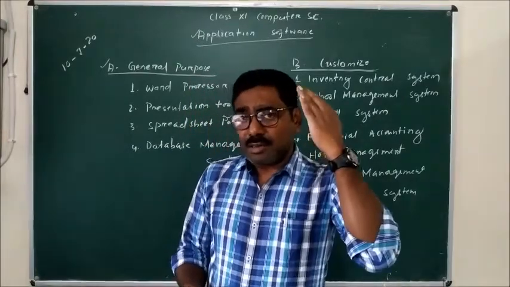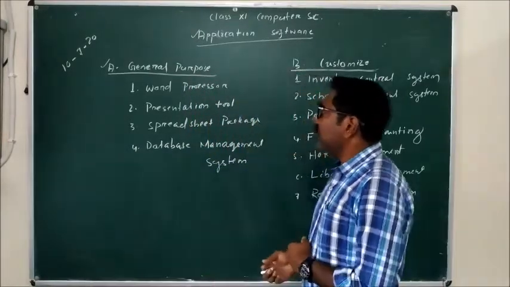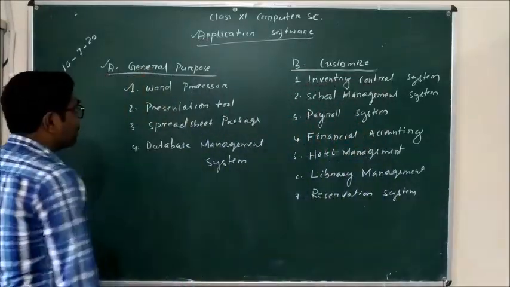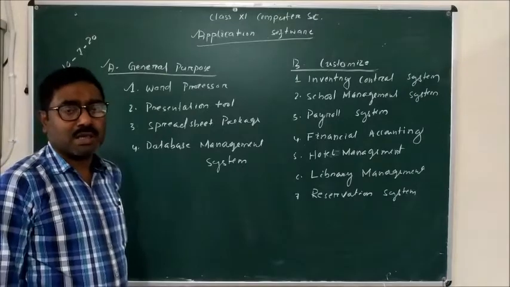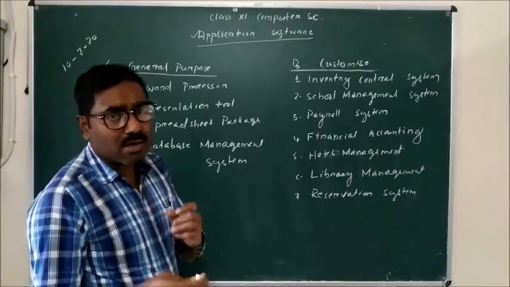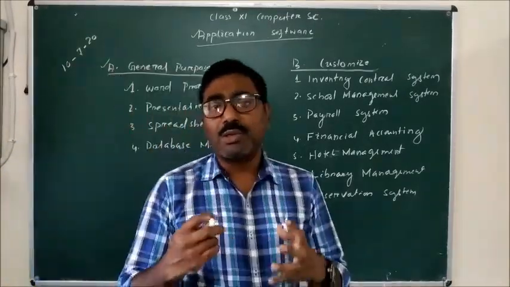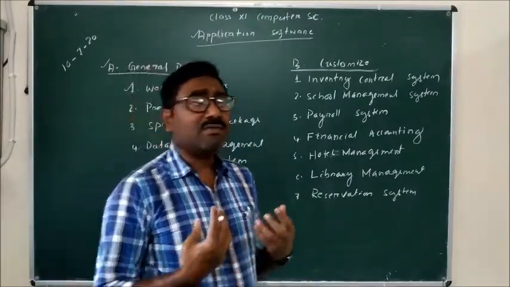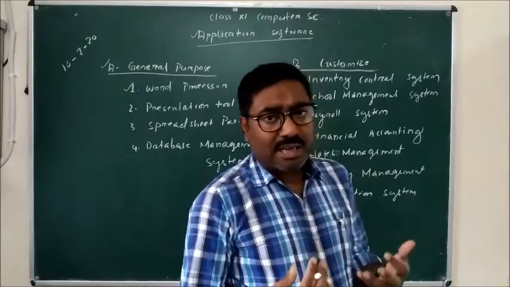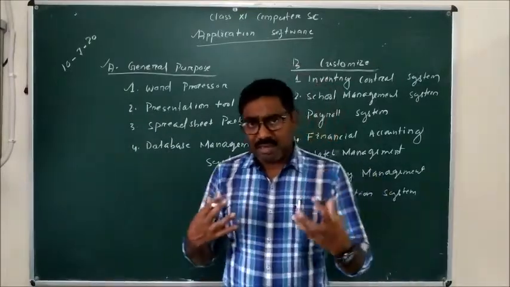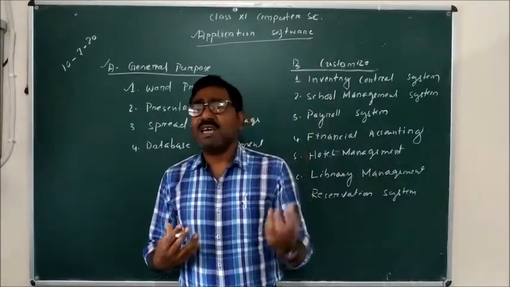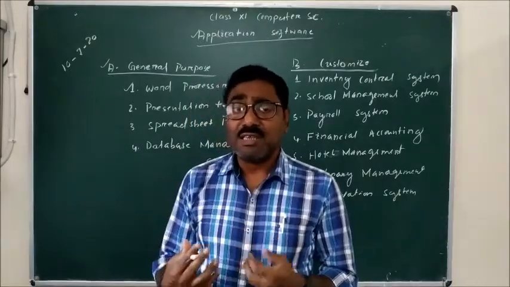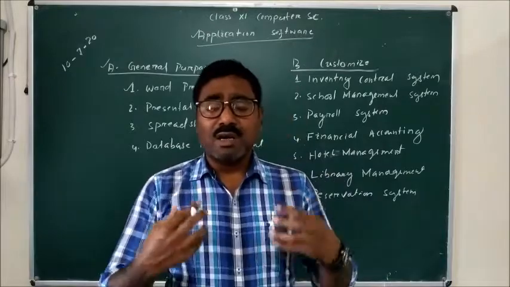Among these, the first kind of general purpose software is the word processor. The word processor is software that is used to create documents or files. Any kind of text file, or any file that contains a few images, tables, charts and such things, is known as a document.